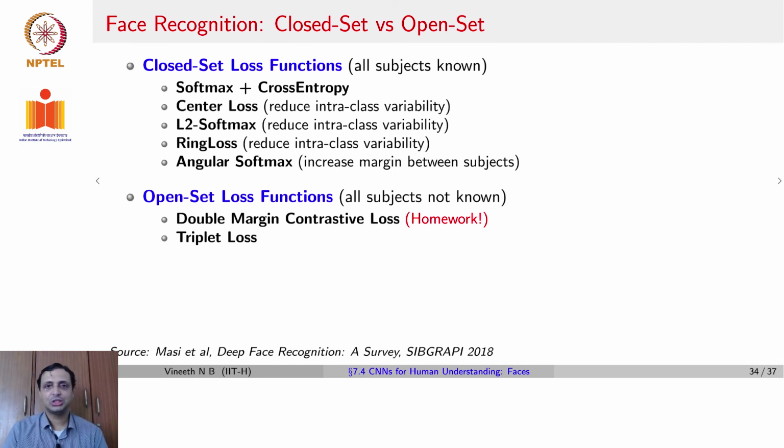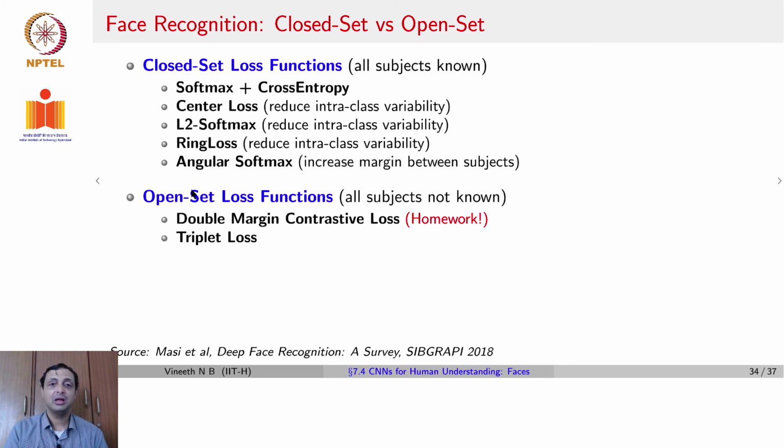To conclude this lecture, face recognition also has what is known as a closed set and an open set setting. In a closed set setting, you have a set of pre-given identities that you have to match an input image to, and one could use a softmax plus cross entropy loss or a center loss, L2 loss, ring loss, angular softmax loss, and so on to implement closed set face recognition.